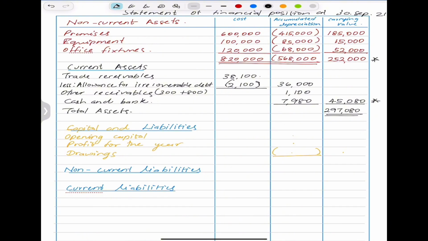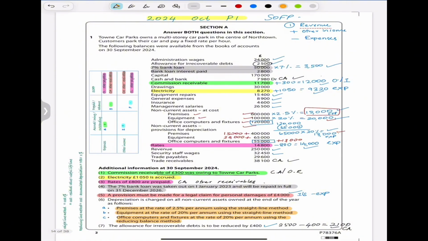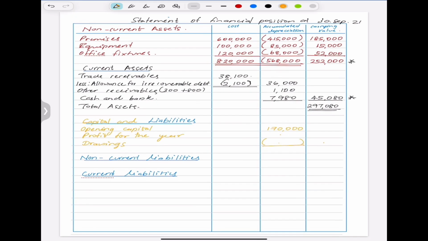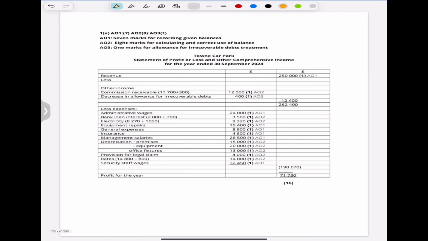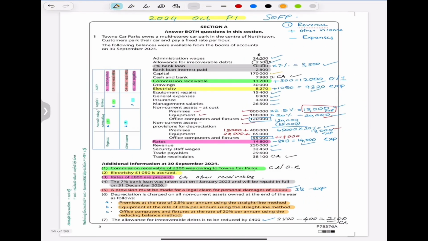Now we are done with the first half of the statement of financial position. Now let's complete the second half. First is opening capital. If you go to the question, you can see opening capital 170,000. Profit for the year is based on what we had taken before, 71,730.